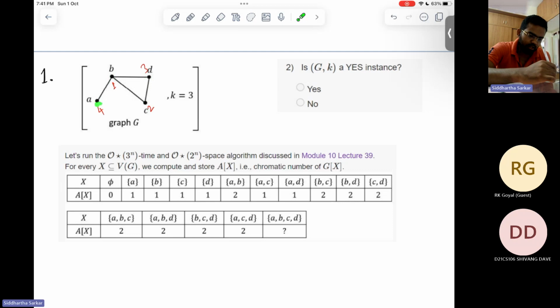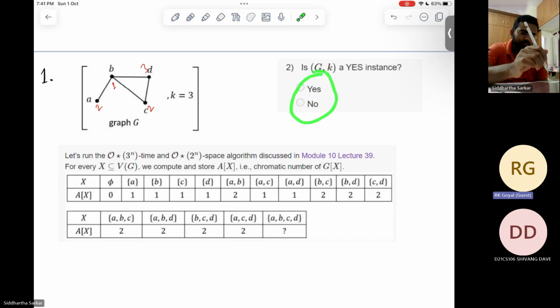So is it possible to give color two to this? Yes, 2 can be given to it because 1 and 2 are not adjacent. So if we give two also, then A is only connected to B. And say if this edge was there, then we couldn't have given two. But since this edge is not there, we can give two. So this is in fact a yes instance.